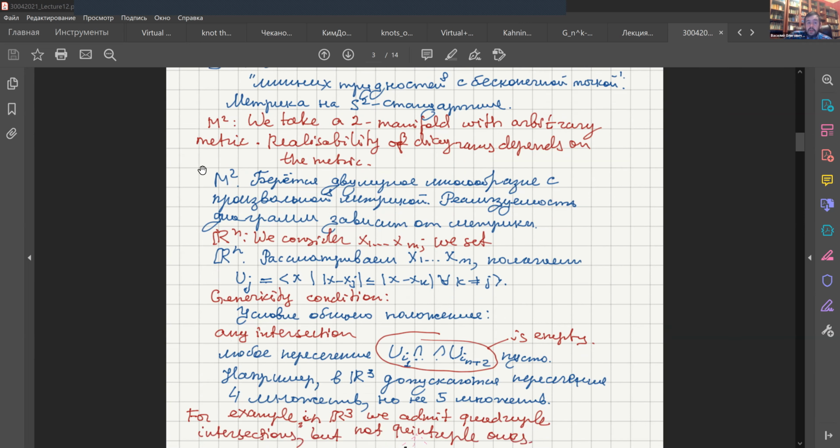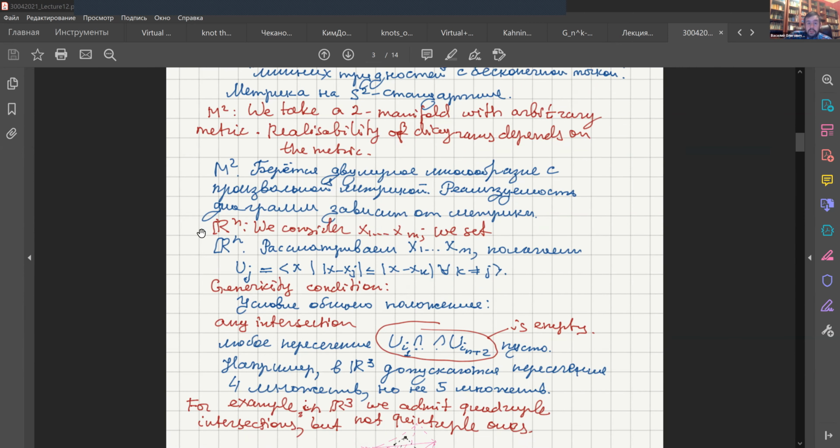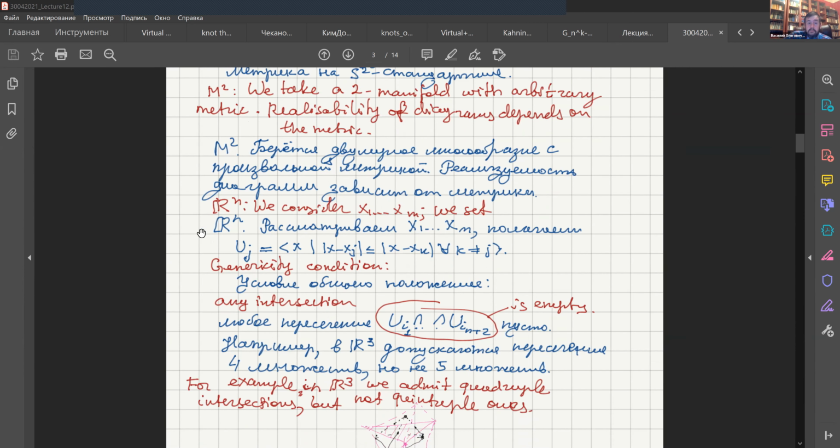So if we want to do it for some other manifold M2, we will need to take some metric. And actually, we can consider, but we won't touch on that in today's lecture, higher dimensional space.